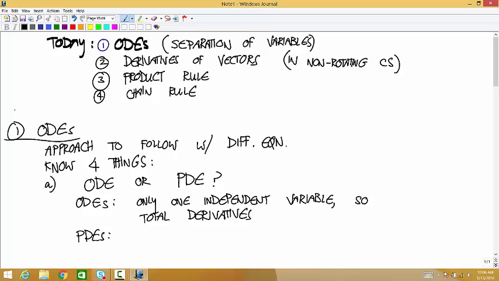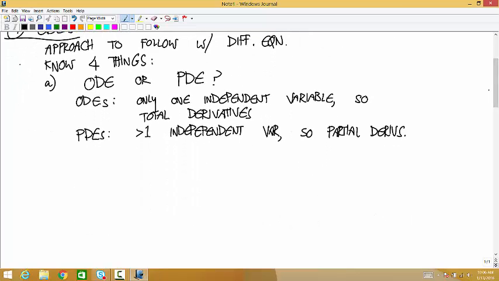A partial differential equation has more than one independent variable, so what you see are partial derivatives.